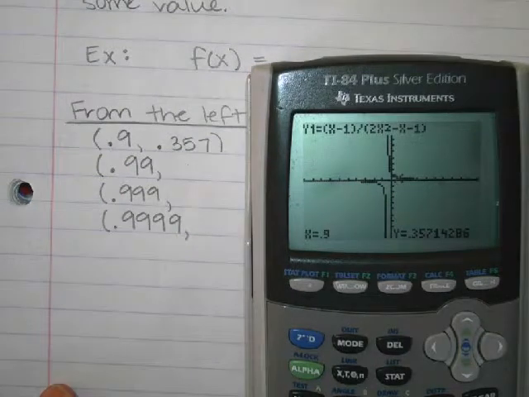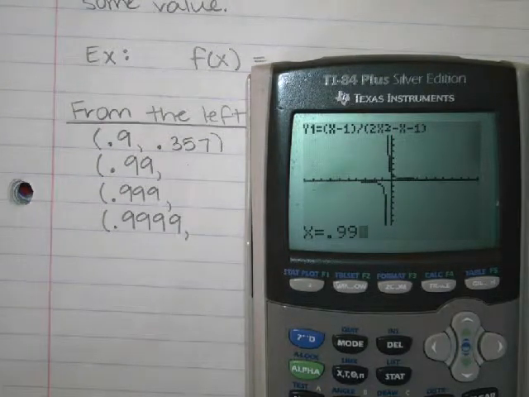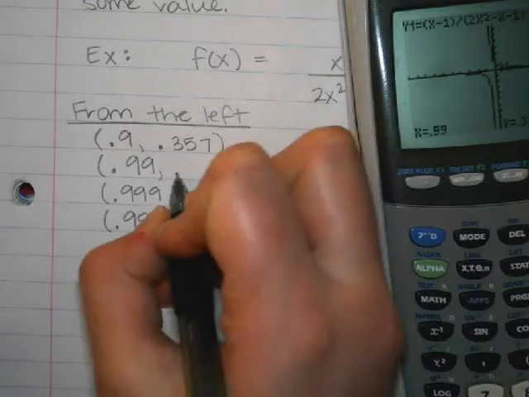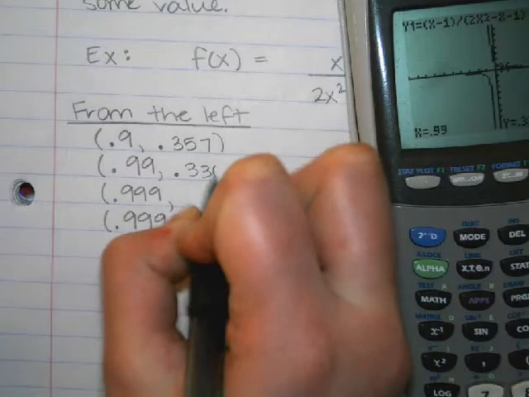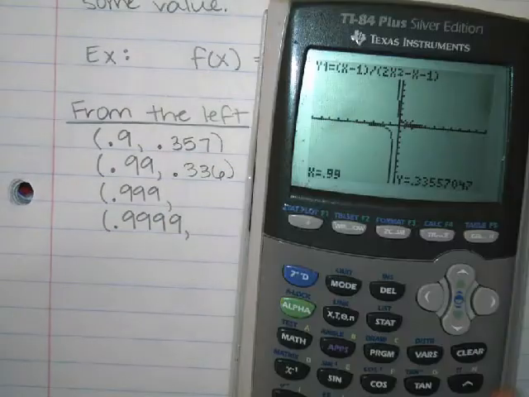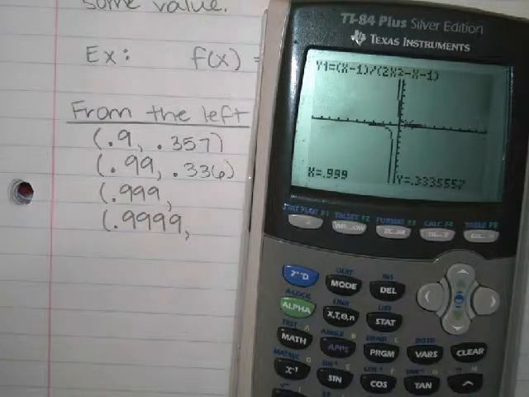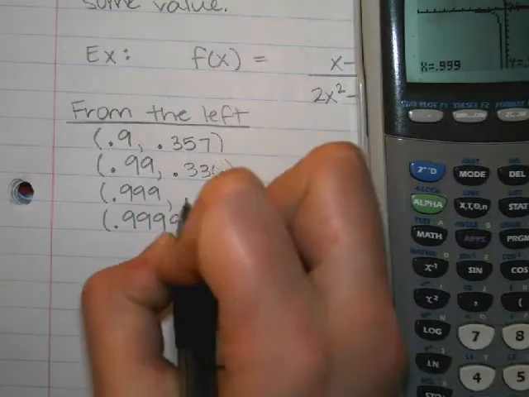Then I'm going to try putting in 0.99. And what do I get? 0.336. Then I'm going to plug in 0.999, 0.334, yep.